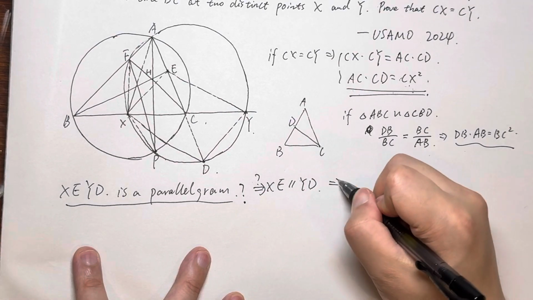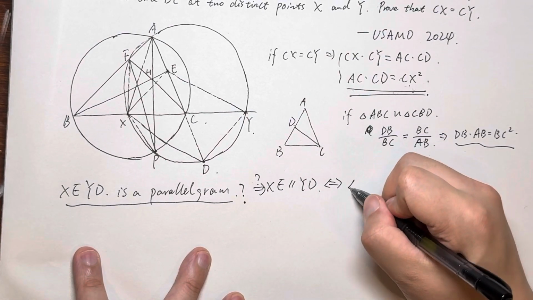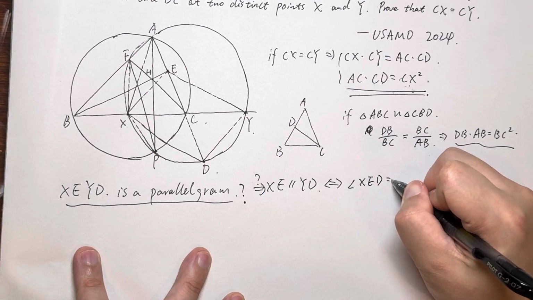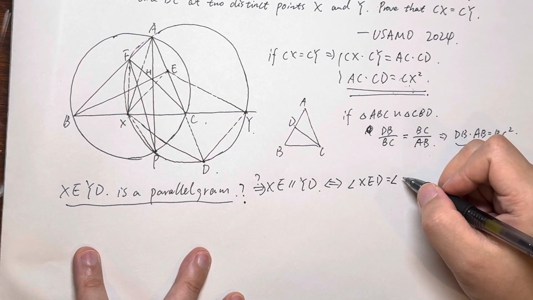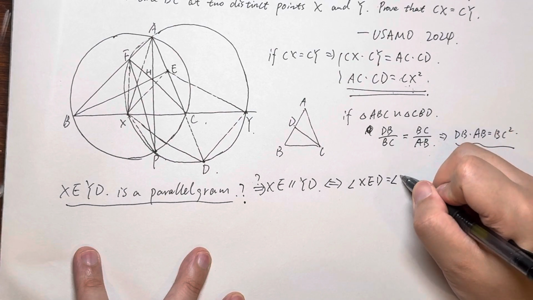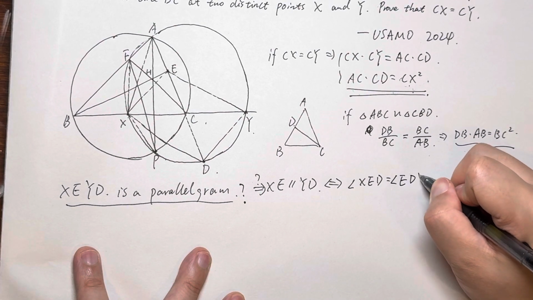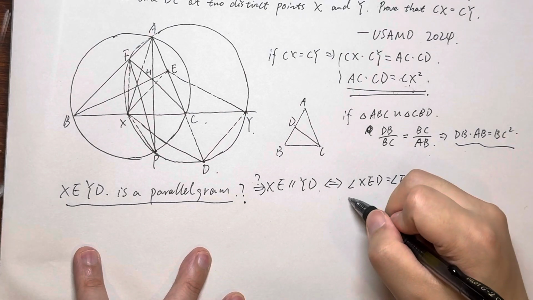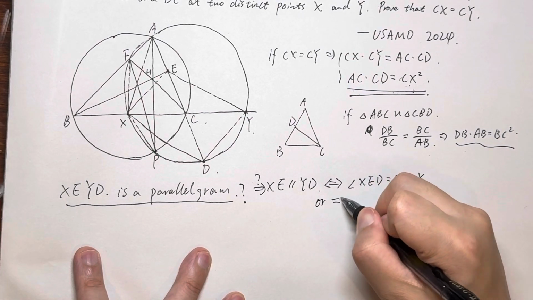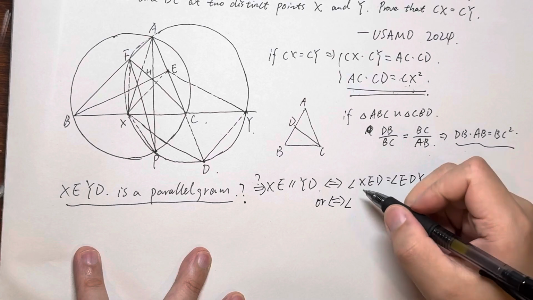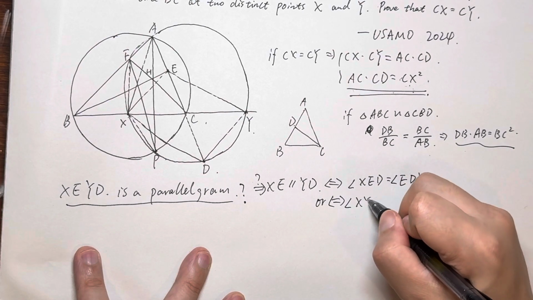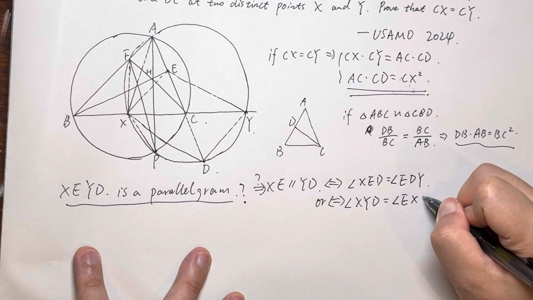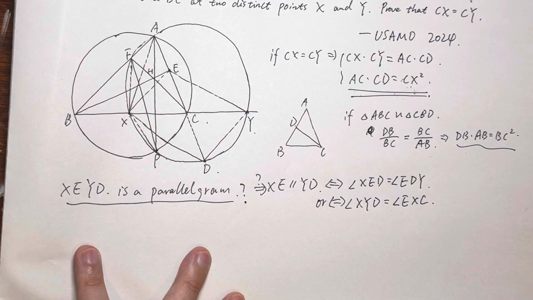That means we want to prove angle XED equals angle EDY, or angle XYD equals angle EXC, right?